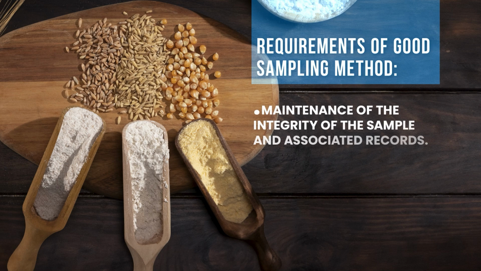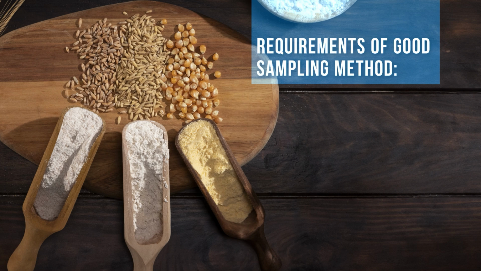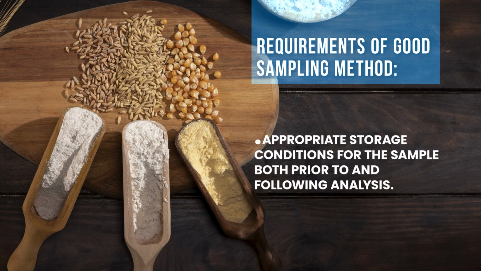This is very, very important. Take precautions in preserving the sample. We use some preservatives if necessary. Use appropriate storage conditions. Make sure that the sample doesn't get spoiled from the point where you draw and collect the sample, until it reaches the lab. All these factors have to be objectively seen from the regulatory point of view.